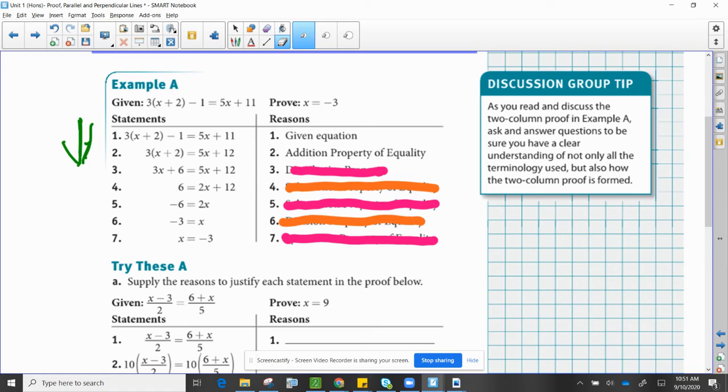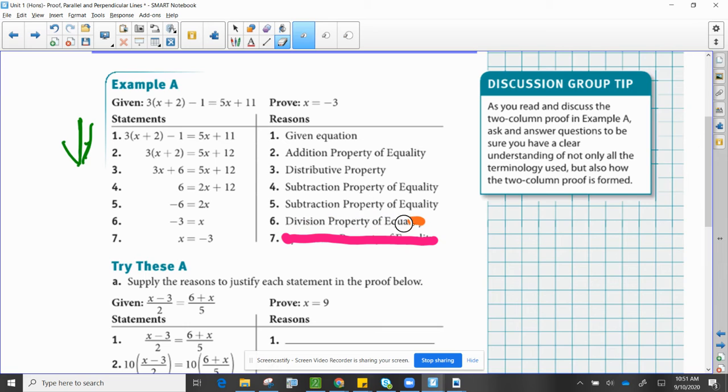Okay. Next, it looks like they got rid of those parentheses. So what did they do? They used the distributive property to multiply it through. Okay. Next, looks like they moved that 3x to the right side of the equation by subtracting it on both sides. Okay, then it looks like they moved their constant plus 12 to the other side by subtracting it.